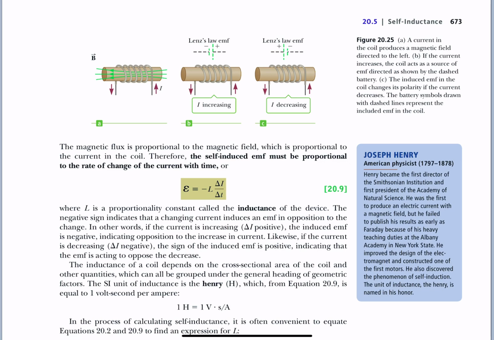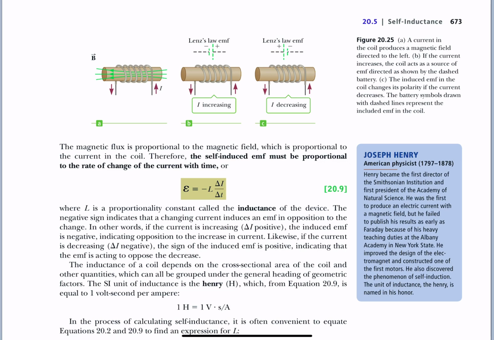Now, if the current were to surge, increase, or decrease, or change direction with an alternating generator, or increase or decrease because you're turning an electrical switch to a battery on or off, in any case, as the current changes, it's going to create a magnetic field in the wire, and especially where the wires are in close proximity, which is the solenoid, each wire's magnetic field is going to affect the nearby wires.